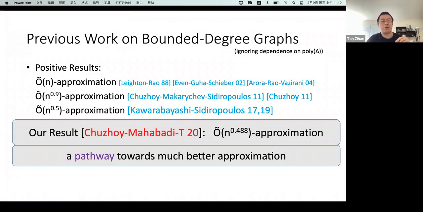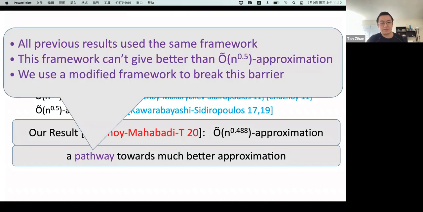So this n to the 0.488 is really just a proof of concept. What do we mean by that? All previous results, the Õ(n), the n to the 0.9, the square root of n, use the same algorithmic framework. It was proved that this framework cannot give better than square root of n approximation. So they have already exhausted their power in that framework.